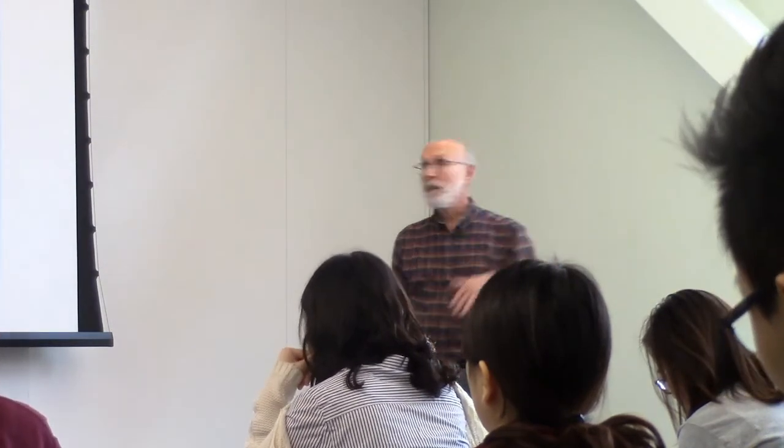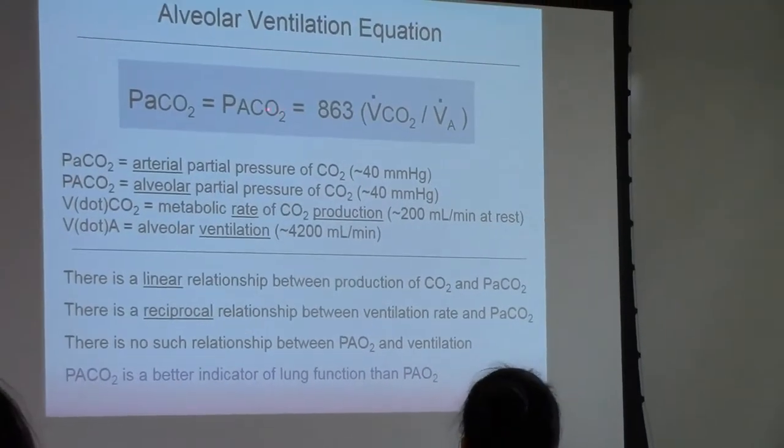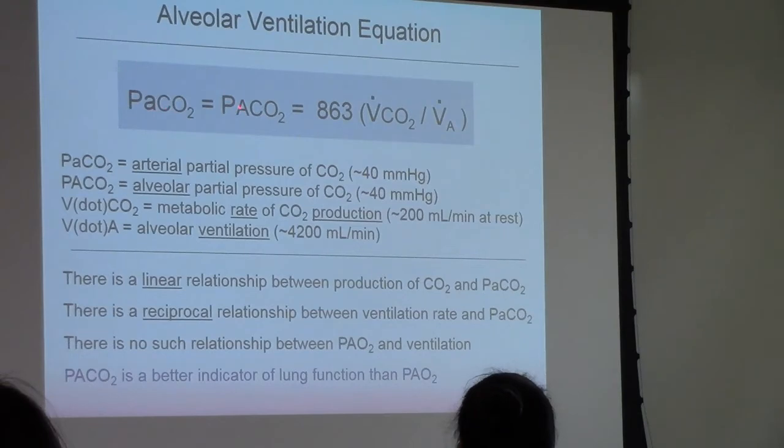Now the second part of the equation, the partial pressure of CO2 in either arterial blood or alveolar gas is equal to a constant, and this number is not a number that you need to memorize.